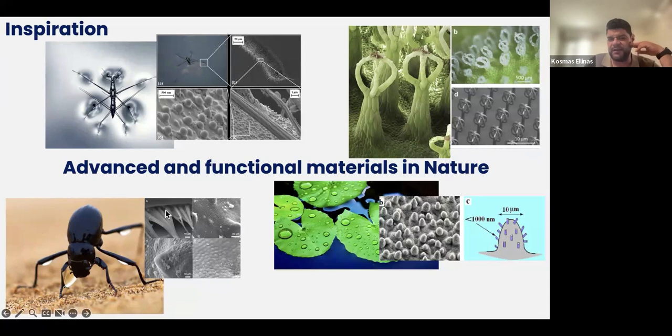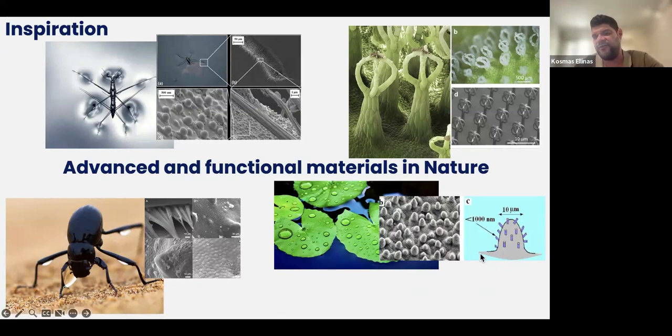Another example is the desert beetle, in which we can see that this kind of beetles can live on very dry areas. And how they collect the water is this way. All of its back and its legs are covered with nano features that collect water efficiently, and they can drink the water existing in the atmosphere without being able to be in a lake or in a river.